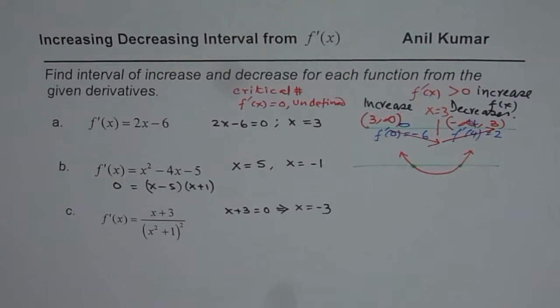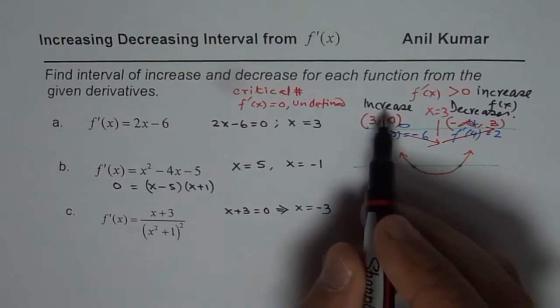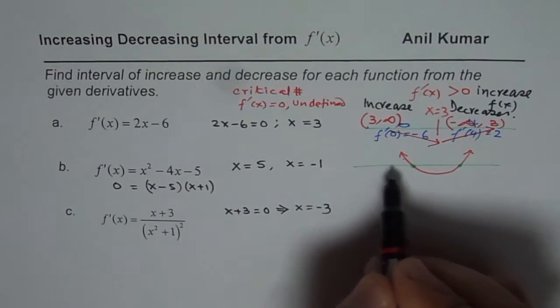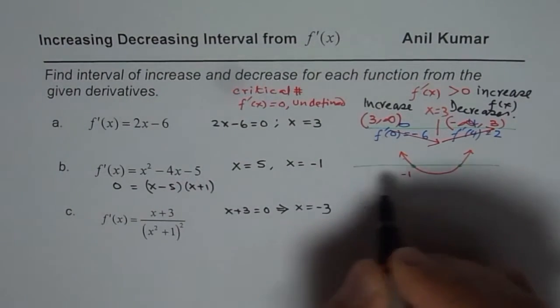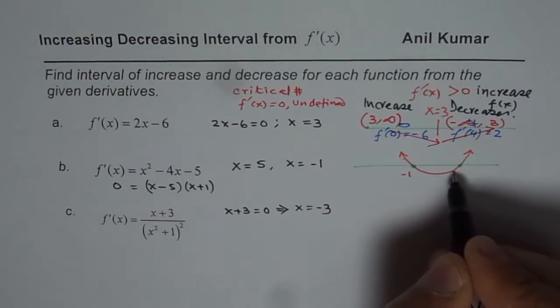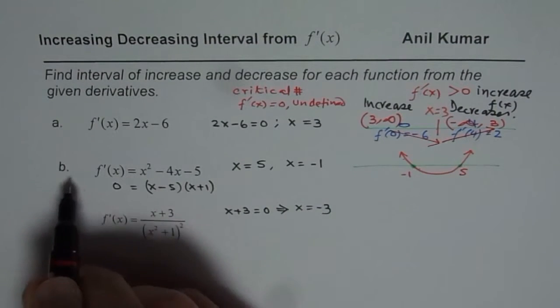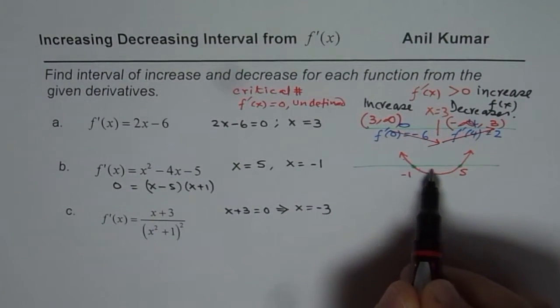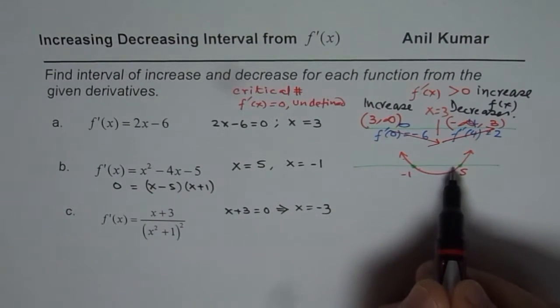Now from the graph, we can see that the function is increasing, since the derivative is positive on the left side of minus 1 and on the right side of 5. And in between minus 1 and 5, the derivative is negative, so the function is decreasing, right?